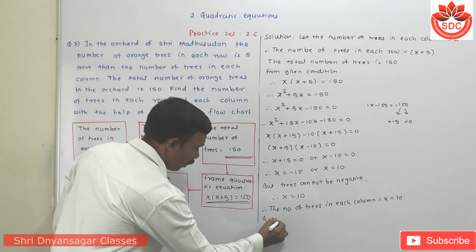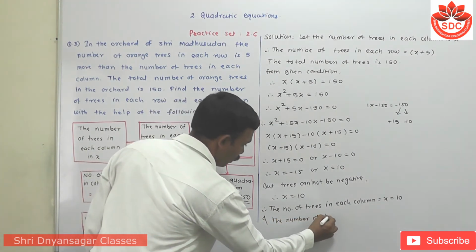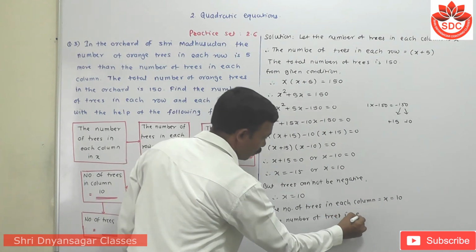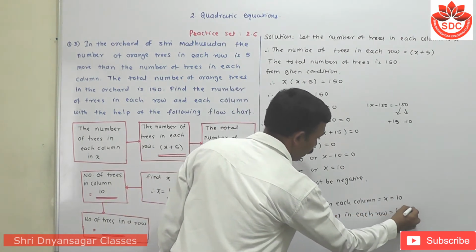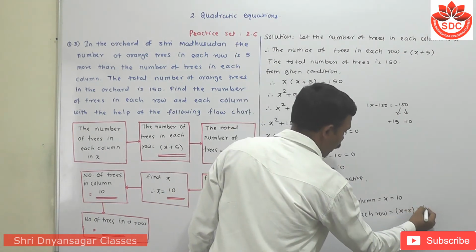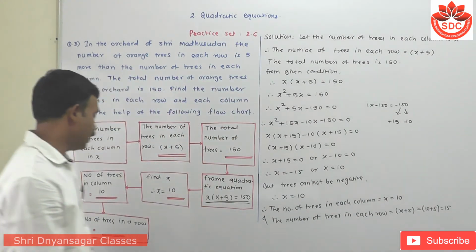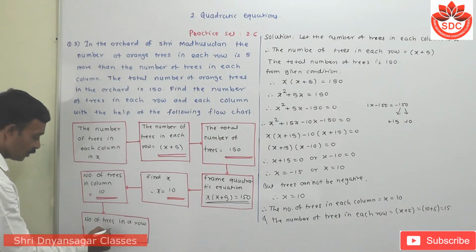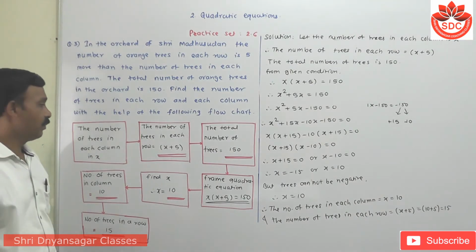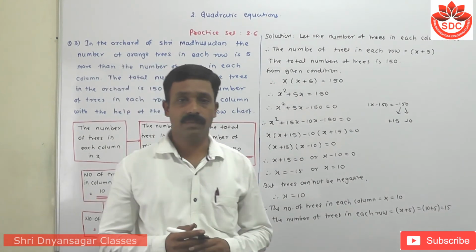And the number of trees in each row is x plus 5, that means 10 plus 5 is equal to how much? 15. That means the number of trees in rows is equal to 15. Can you understand this? We have to complete this chart also. Okay, thank you.